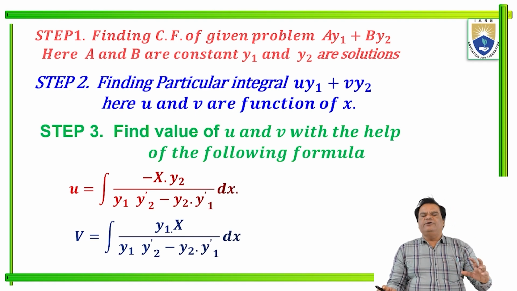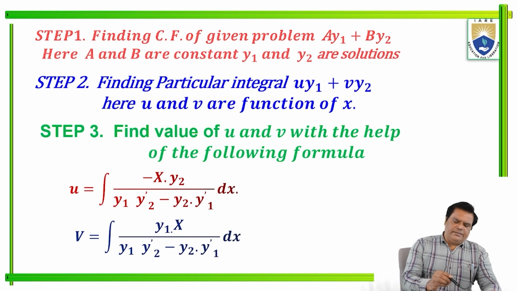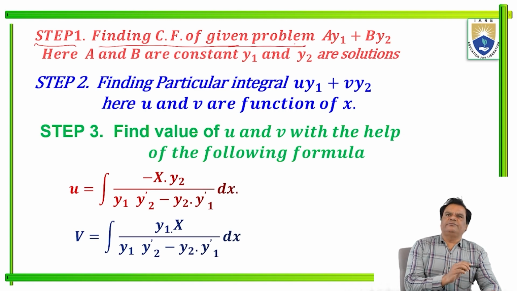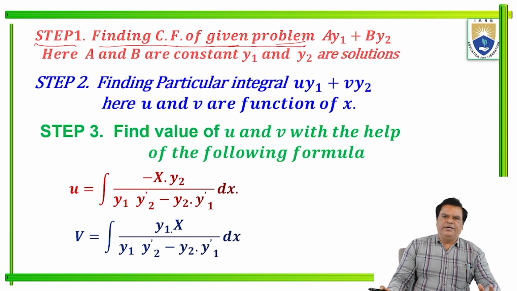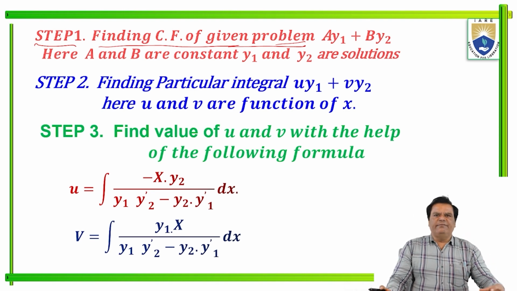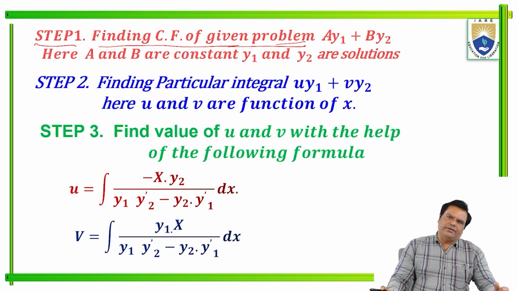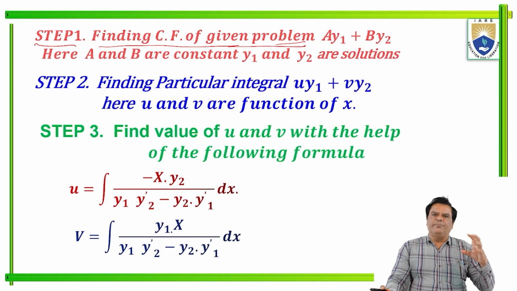Now I want to discuss the whole method in steps. What is the procedure to apply the method? Step 1: finding the complementary function of the given problem. First of all, we find the complementary function, because our equation is a second order differential equation with constant coefficients. In every constant coefficient equation, we first find the complementary function.